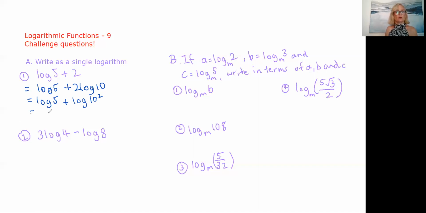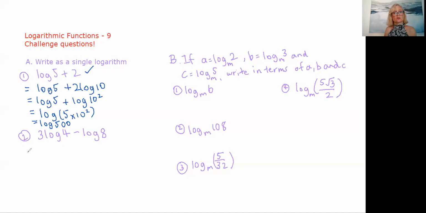And then finally, all we need to do is just multiply through 5 by 10 squared because we are adding logs, so we're multiplying the powers. And that just gives you log of 500 as a single log. Normally, to be honest, I would prefer that one in that version, but we're just practicing using our rules at the moment, so bear with me.